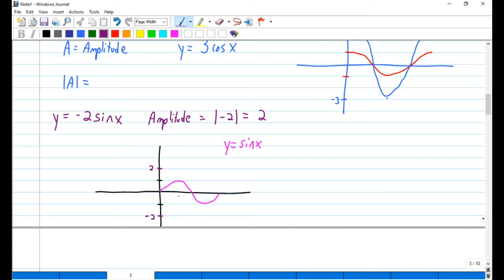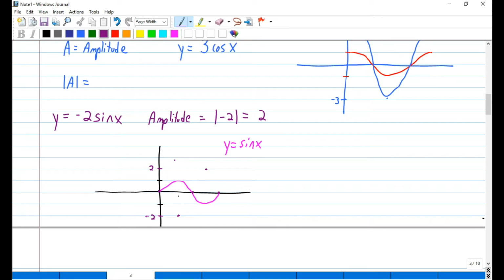The thing is, though, instead of the high point coming first, the low point will come first. It's still going to cross the axis in the same places because it's still going to be equal to 0 in the same places. It's just that where we had a high point before, we'll now have a low point. Where we had a low point before, we'll now have a high point.